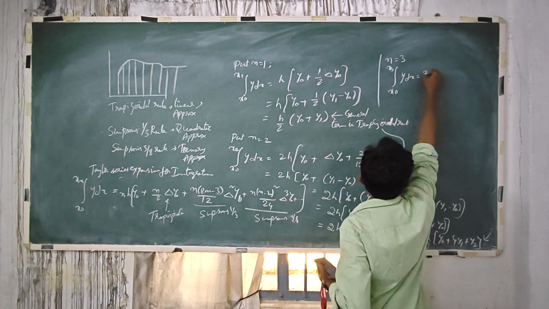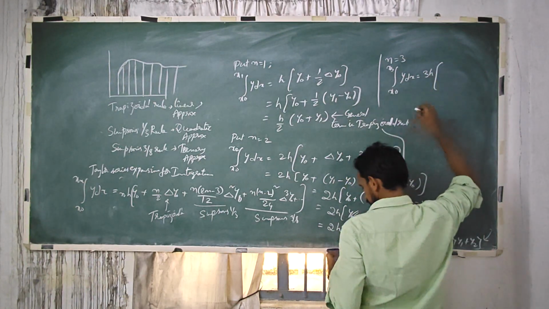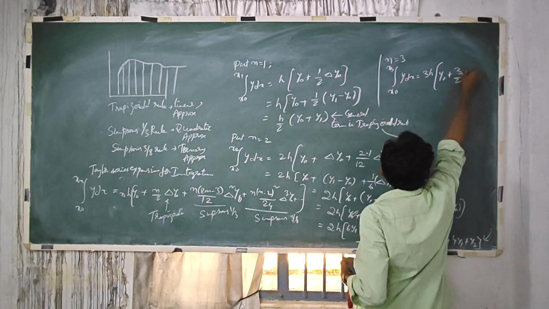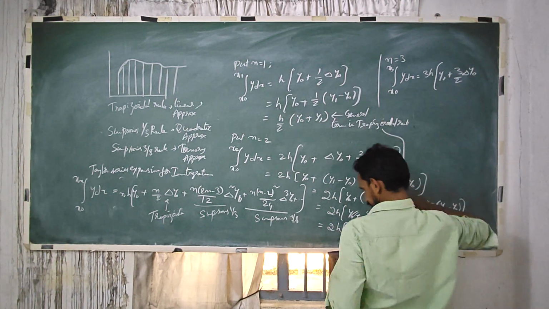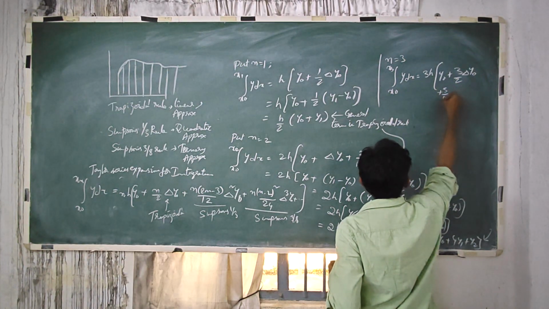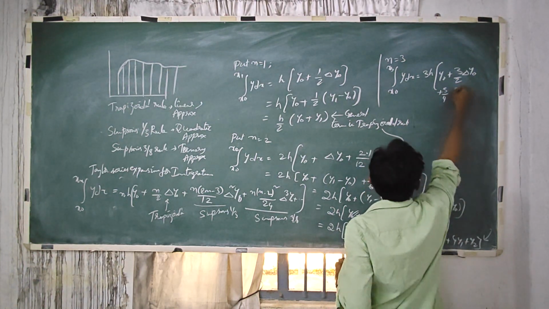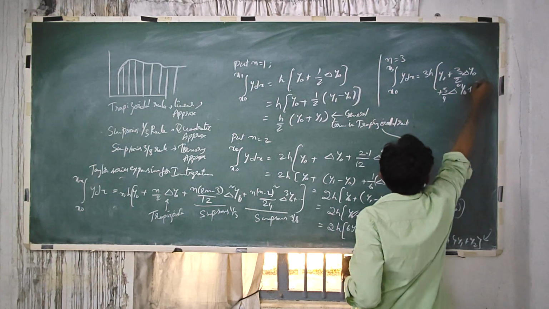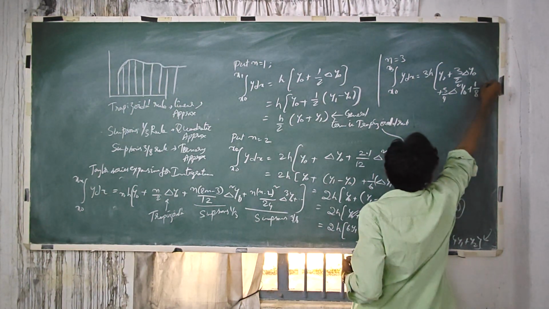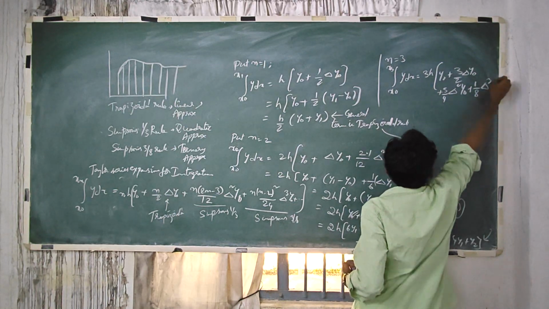It is 3h times y0 plus 3 by 2 delta y0 plus 3 by 4 delta square y0 plus 1 by 8 delta cube y0.